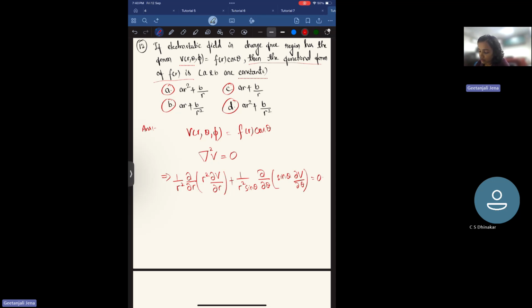V is given, so cos theta by r square, dou by dou r of r square dou f by dou r, plus f of r by r square sin theta, dou by dou theta of sin theta dou by dou theta of cos theta, will be 0.